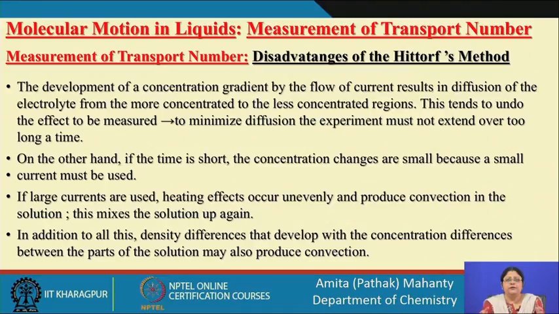But if you have too much concentration gradient, see what happens. In the last lecture we had seen the accumulation of copper 2 ions in the cathode compartment.